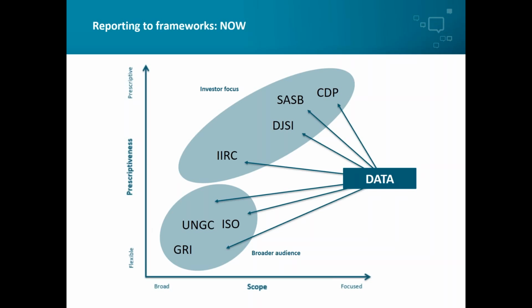So it's very much about pulling that into a data management process for collection, and then of course, as the frameworks evolve over time, new mapping is maintained within there so that the data can be exported for these different reporting needs.